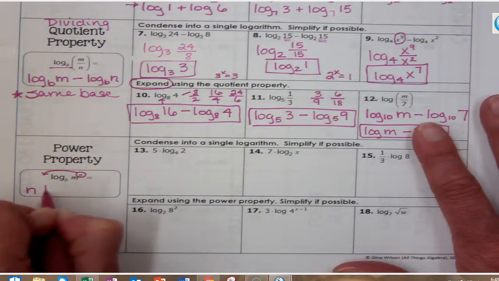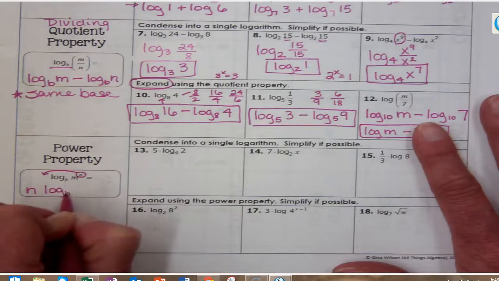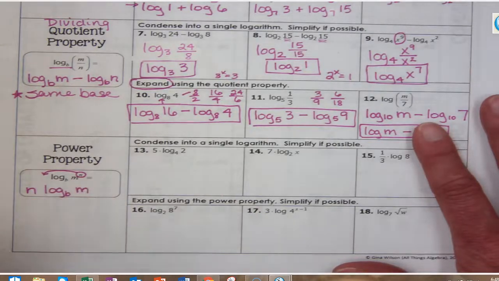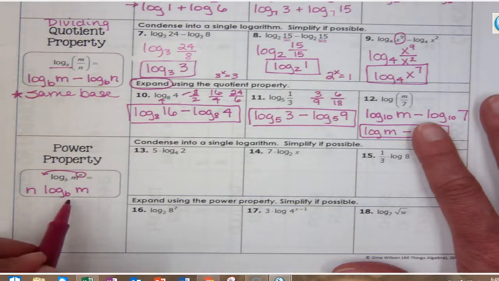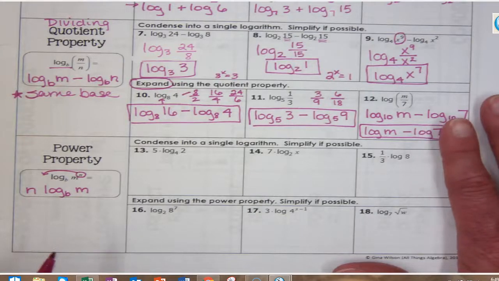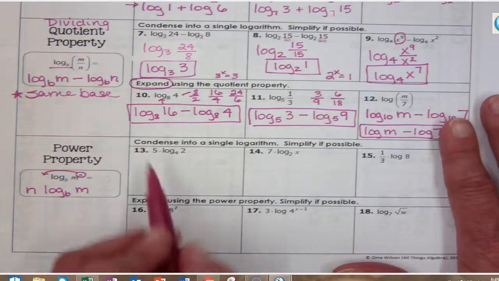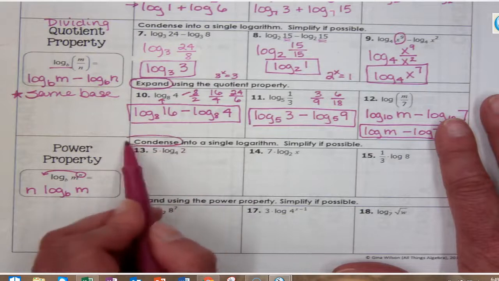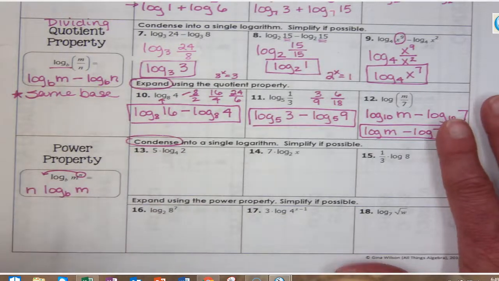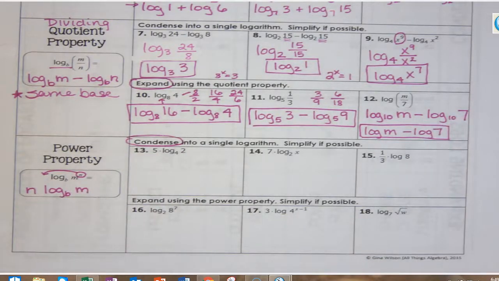So n times log base b of m. All right. So we're going to condense. This is the condensed version where it's used as an exponent.